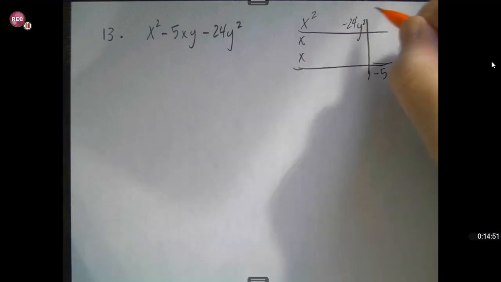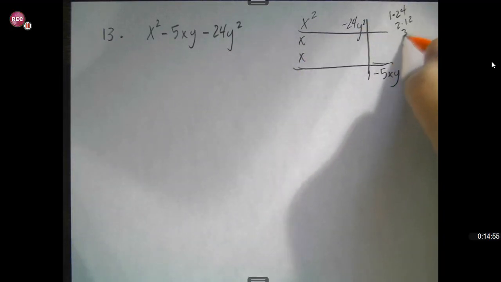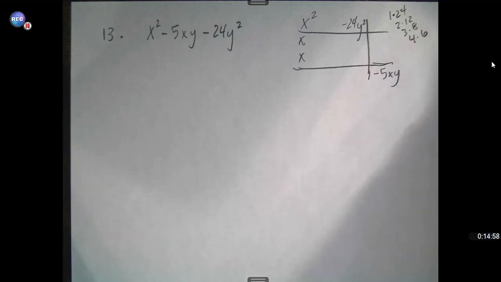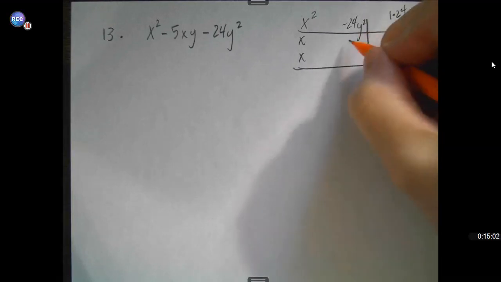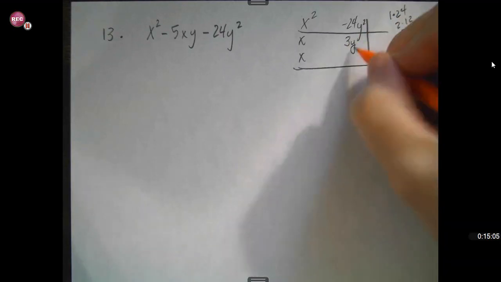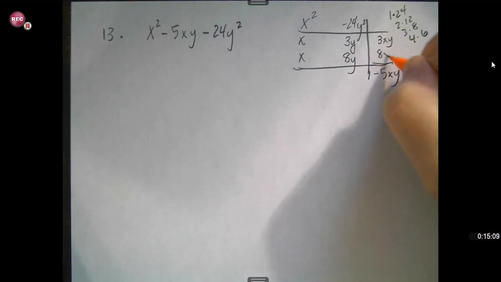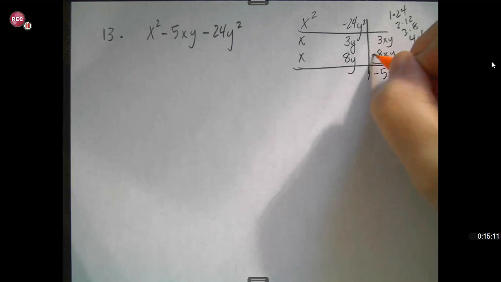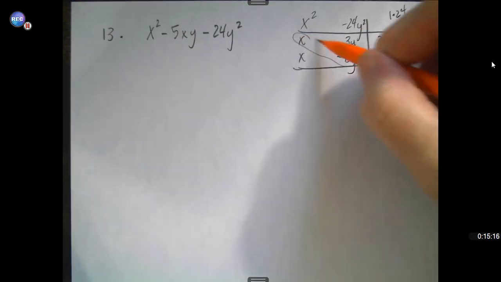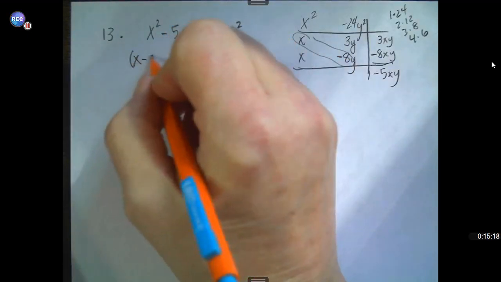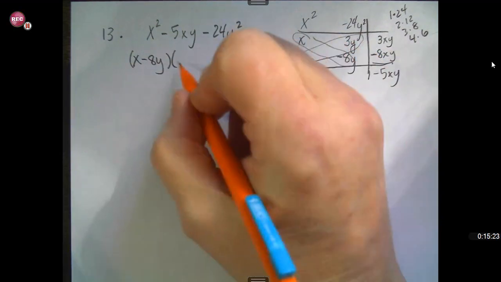X and x. 24 is another one of those amazing numbers. 1 and 24, 2 and 12, 3 and 8, 4 and 6. It's amazing. Looks like it's going to be 3y and 8y. So this gives me 3xy, 8xy, and I need the 8 negative. And then my answer is the quantity x minus 8y times the quantity x plus 3y.